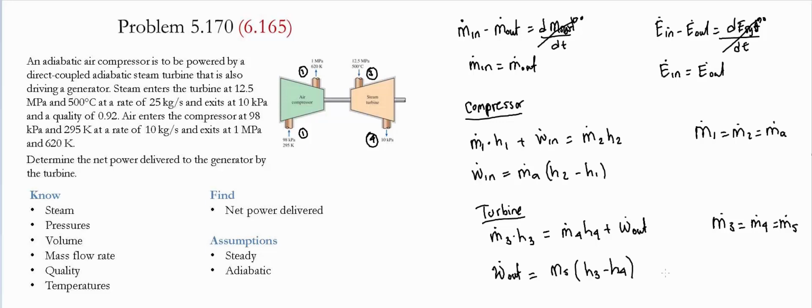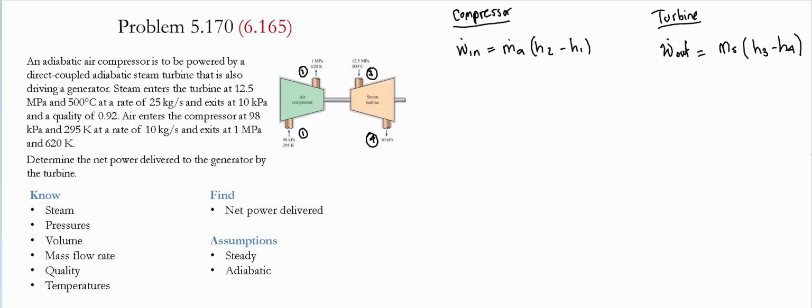Now the next step is to find the values of the enthalpy at each one of the states provided. To find the different values of power for the compressor and the turbine, we need to find the value of the enthalpy. We're going to start with the compressor. Since it's a compressor, the working fluid is air, so we go to table A17.